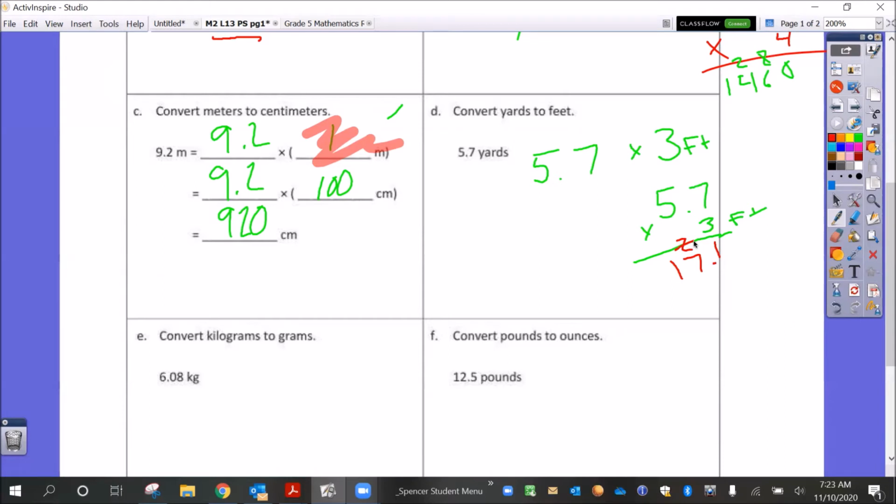We just need 1 digit after the decimal for tenths. But remember that our unit is feet. So 5.7 yards is equal to 17.1 feet. Great job. All right, let's keep converting and let's keep solving for these math problems.